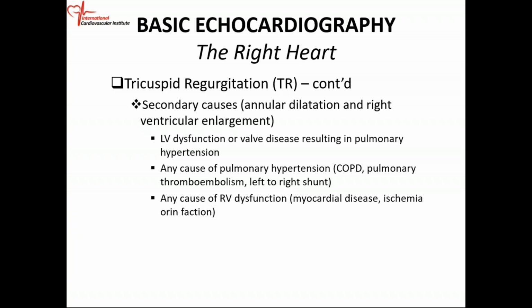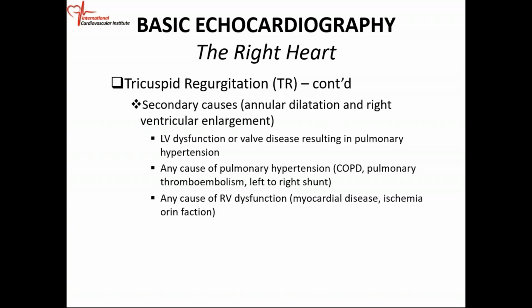Right ventricular enlargement, the same mechanism. And if the patient has LV dysfunction, whether systolic or diastolic, then you can build up the pressure all the way back to the pulmonary system. The patient develops pulmonary hypertension, which puts a strain on the RV and causes tricuspid valvular regurgitation.